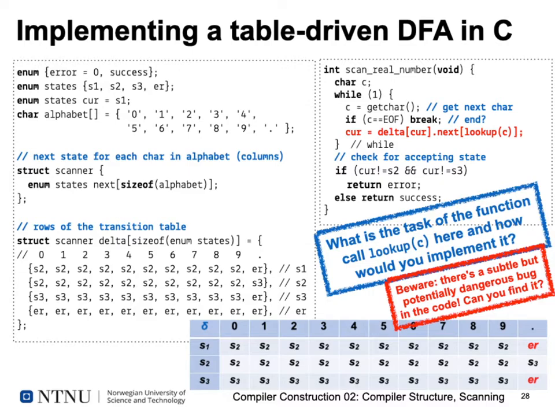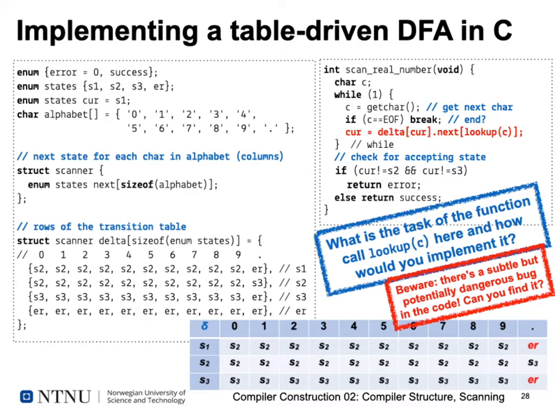So if we now write our scan real number function here, we again have our character C as variable, and then we start an endless loop to scan our input text. We read the character again, and as before, if we reach the end of file, we just break out here and check if we arrived in a valid state. Now the difference is that the only statement left here is this one in red.